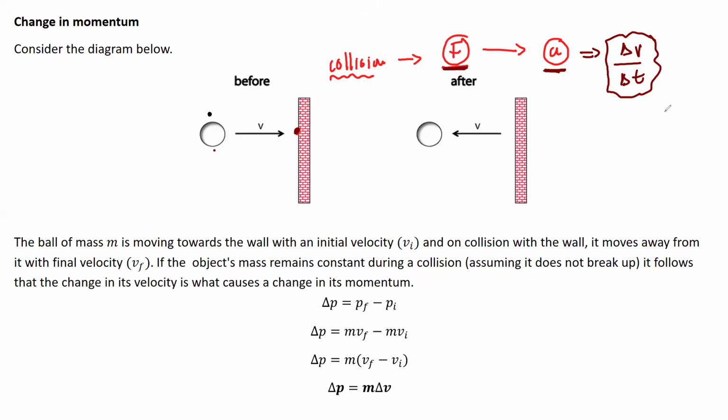The moment we consider a change in the velocity, it means, therefore, when the ball moved towards the wall, it had a velocity that will be different from the velocity when the ball moves away from the wall. In other words, the velocity before it collides with the wall and the velocity after it collides with the wall, or final velocity, there are two different velocities.